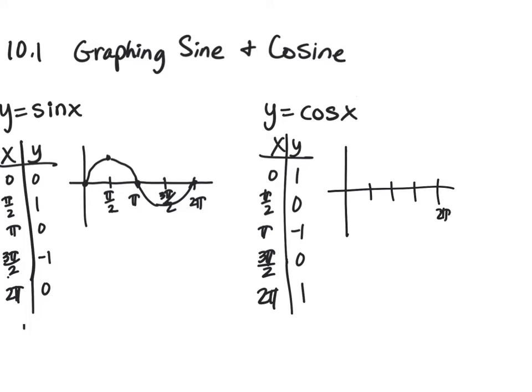So this would be 2 pi, this would be pi. It's starting at 1, then it goes to 0, then to -1, and then back to 0, and then back to 1 again. So it has that same shape. It's kind of like it just shifted over, because if it kept going, it would go down again. It's the same up and down from sine, just shifted over, and that's what makes our cosine graph.